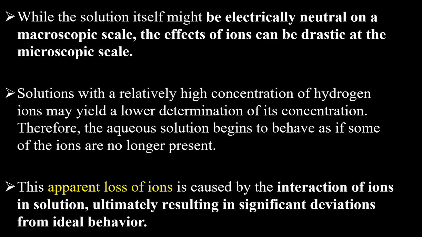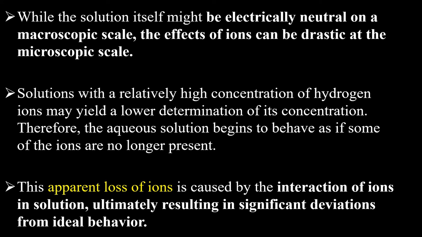While the solution itself might be electrically neutral on the macroscopic, that is large scale, the effect of an ion can be drastic at the microscopic, that is smaller scale. Solutions with relatively high concentration of hydrogen ions may yield lower determination of its concentration.